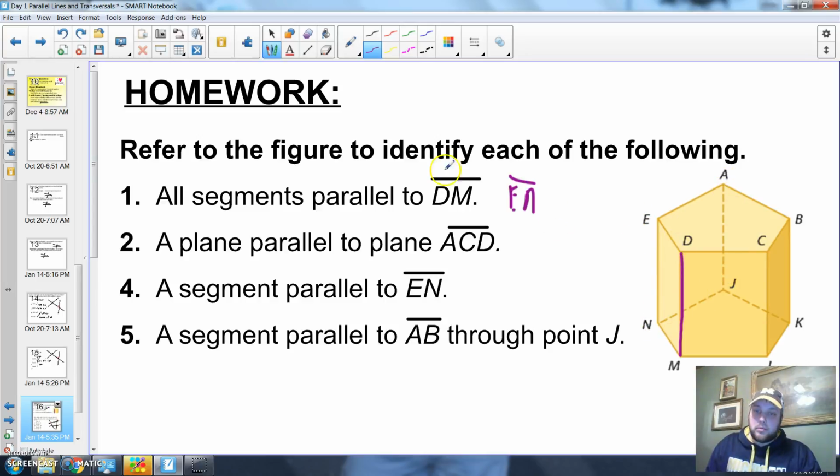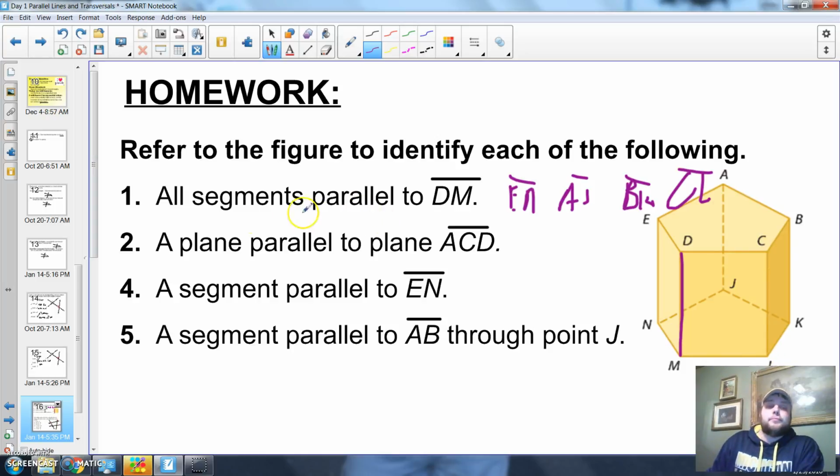AJ is parallel. BK is parallel, and CL. So I got DM, EN, AJ, BK, and CL.